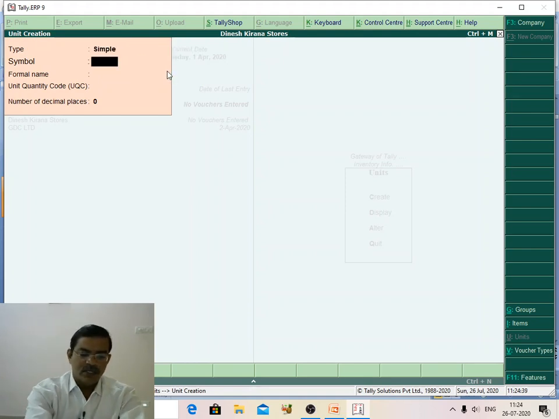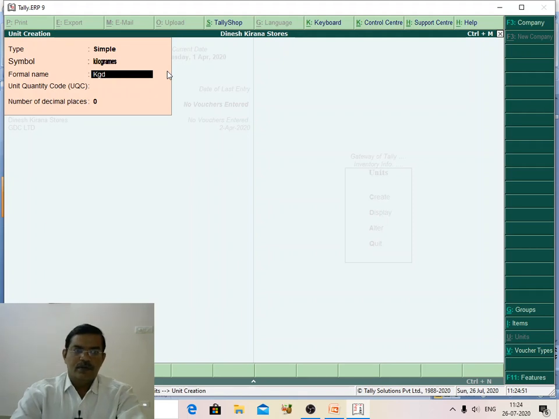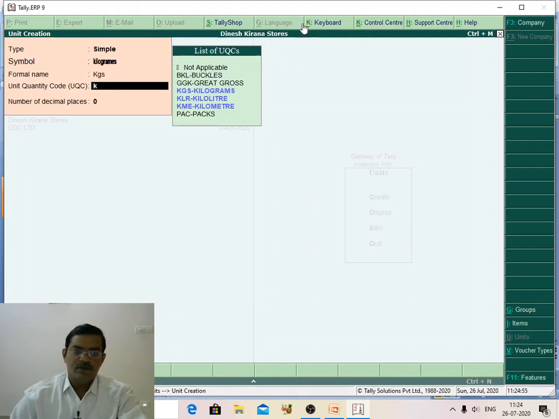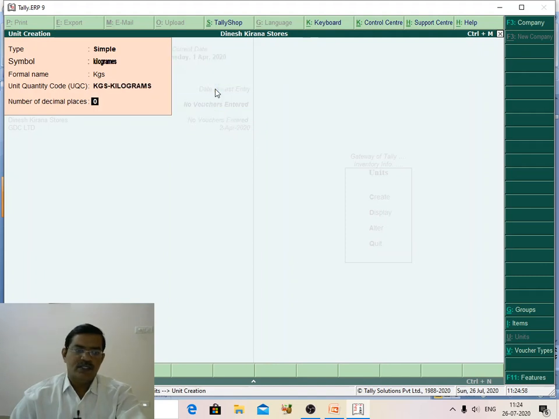The symbol is kgs, formal name kilogram. Here we measure in terms of kilograms. I am giving 2 decimal places.